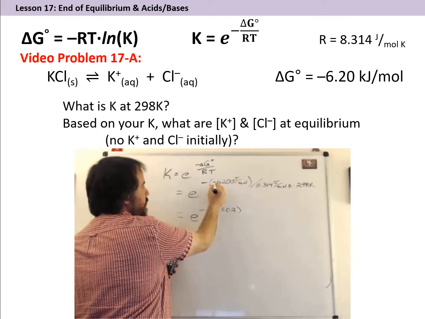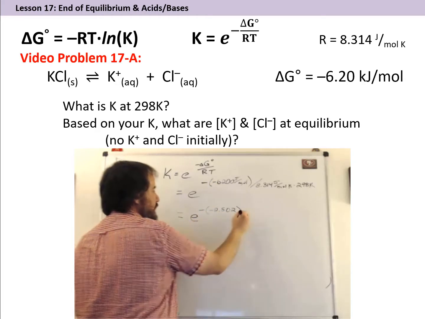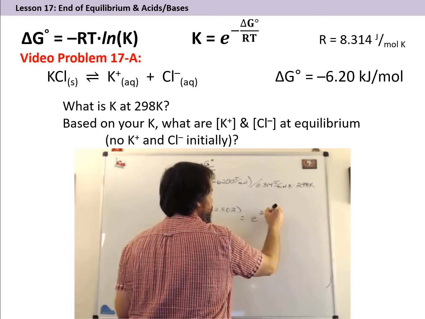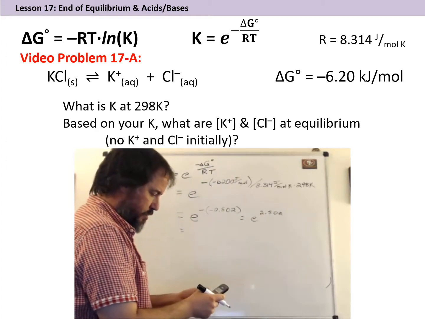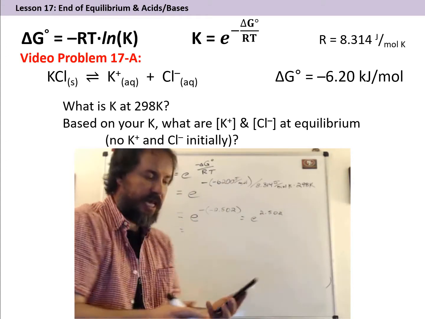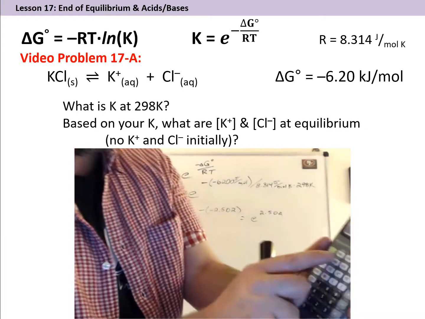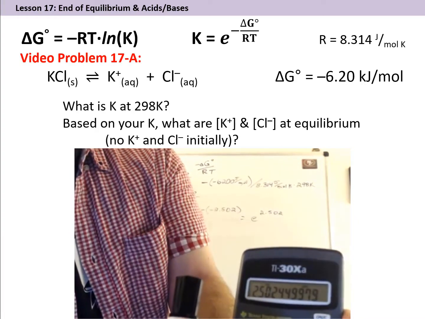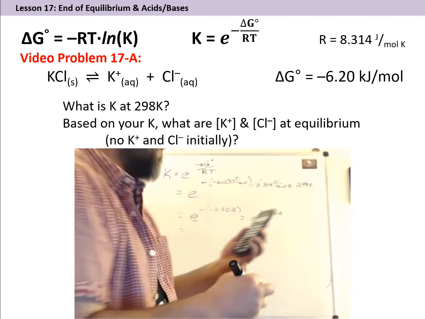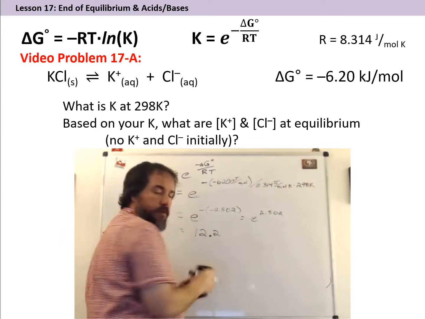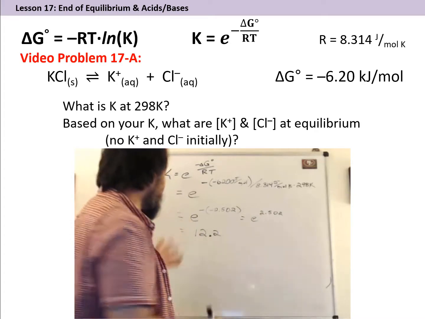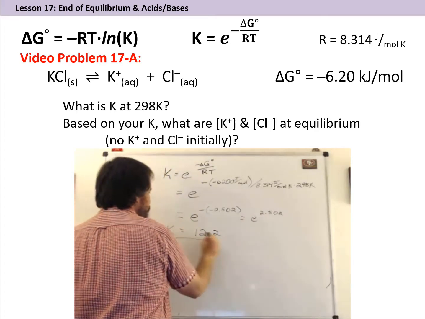Negative and negative, so this will be e to the 2.502. On the calculator, on mine I do second, and then this e to the x right there. That's going to get me 12.2. All right, so my K is 12.2.